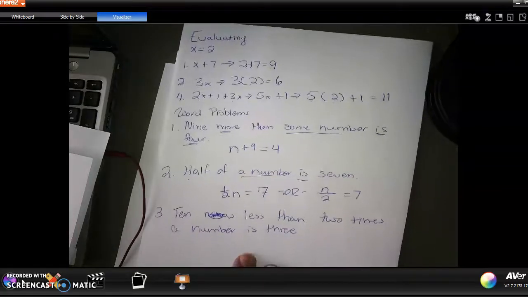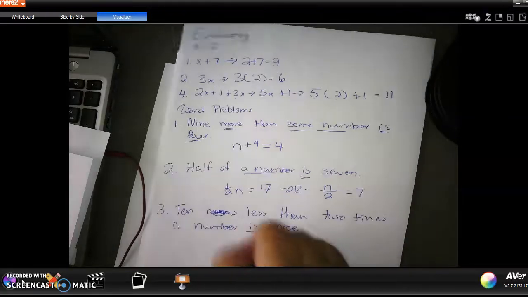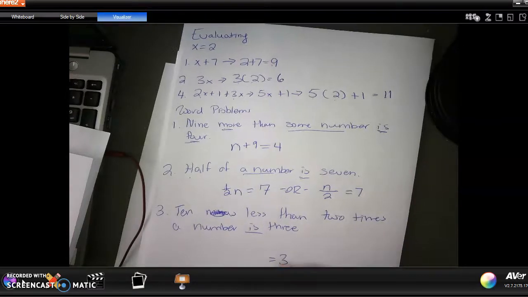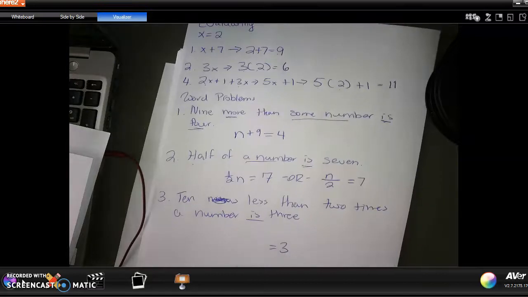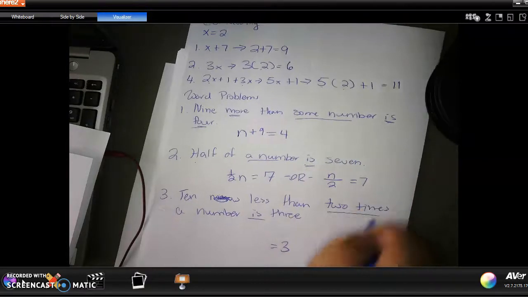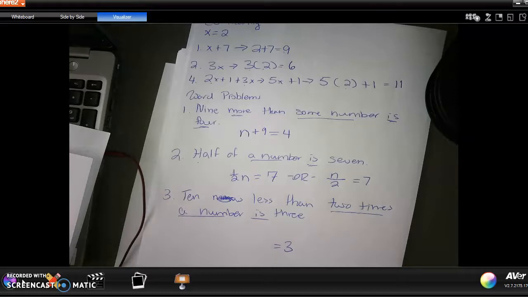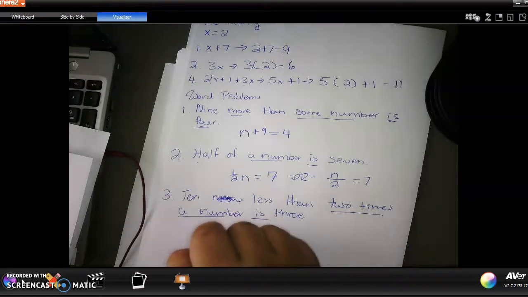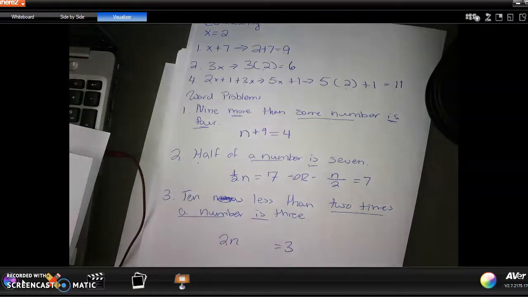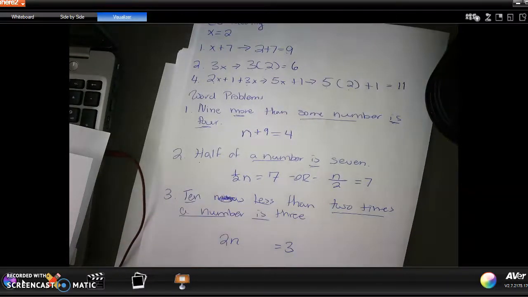Okay? So, I say is, so that tells me 3. It is 3, so this whole thing is going to somehow give me 3. And then I see 2 times a number. Alright, I don't know what that number is, but I know it's going to be multiplied by 2, so I see 2n, and then I see 10 less. Well, less has to be the opposite of more, so you have to subtract 10.